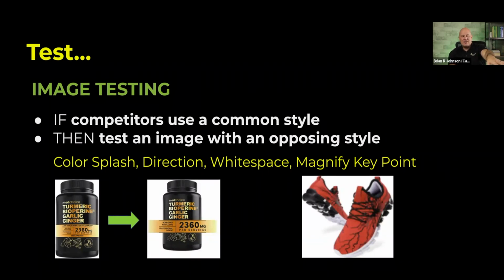As far as direction goes, the red shoe example that I'm showing here, remember that first slide that I showed you, all of the search results of the black sneaker, and they're all pointed the same direction, and they're all just kind of flat sideways. Try tilting it up. Try having both shoes tilted at different directions. It doesn't have to necessarily be a red product among black ones, but even changing directions. You notice that they kind of created a V here, or somewhat of an X. These kinds of things are going to grab shoppers' attention. Test it, test it, test it, test it. Okay.